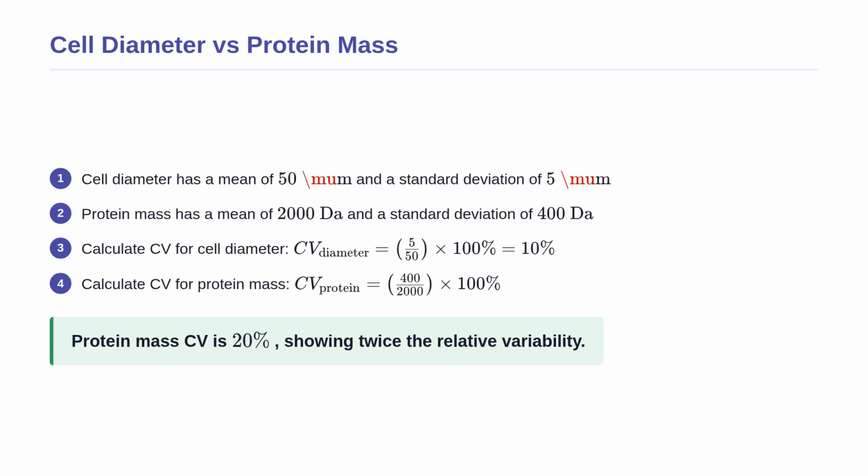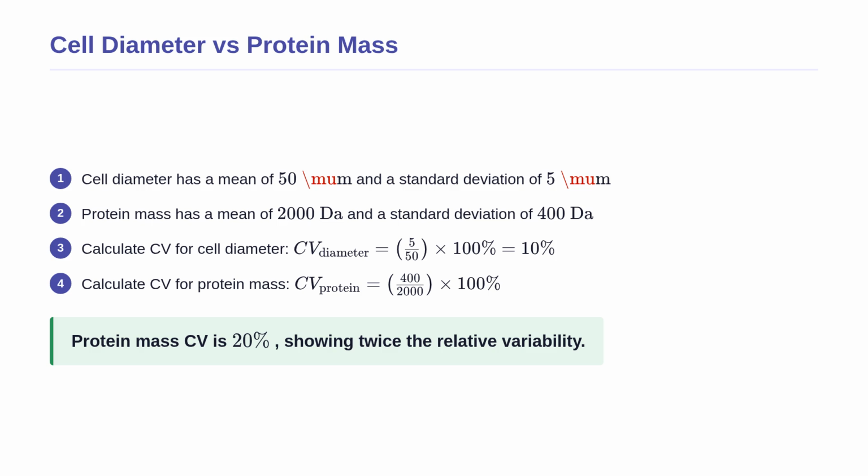Let us see this in action. A biologist studies cells with a mean diameter of 50 micrometers and a standard deviation of 5. Inside, a protein has a mean mass of 2,000 Daltons with a standard deviation of 400, which has higher relative variability. We cannot compare micrometers to Daltons directly.